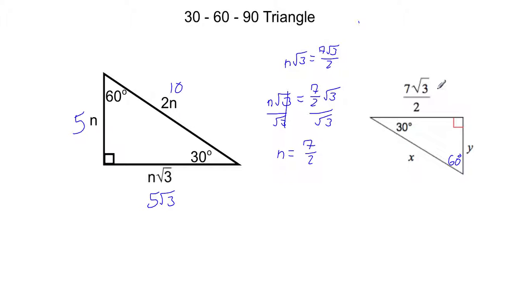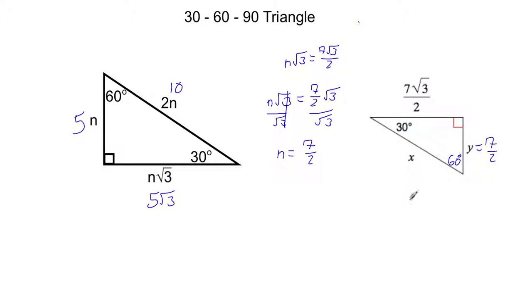So again, if this side, which is n root 3, is equal to 7 root 3 over 2, that means that n is 7 halves. So the side that's opposite of 30 degrees is going to measure n. The side that's opposite 30 degrees is equal to that n value.